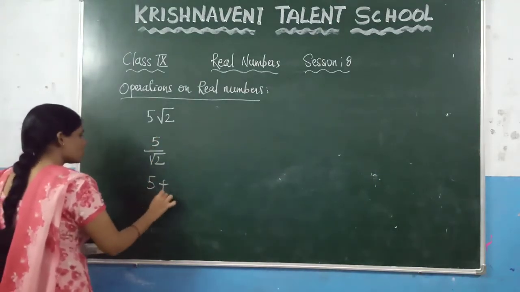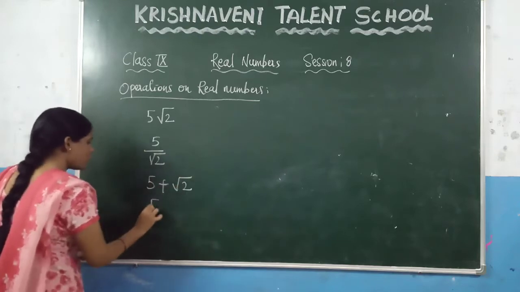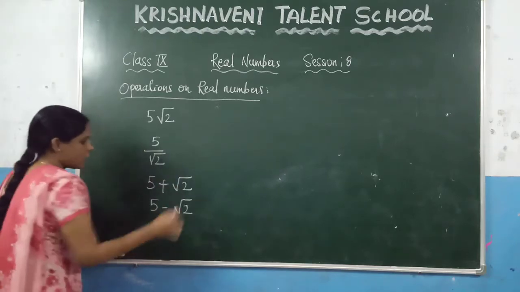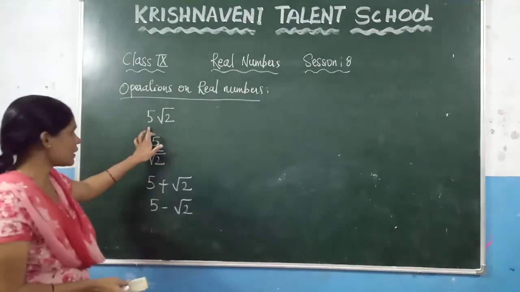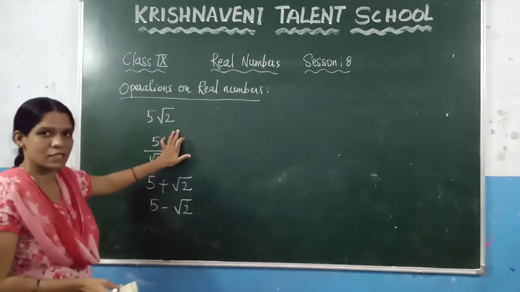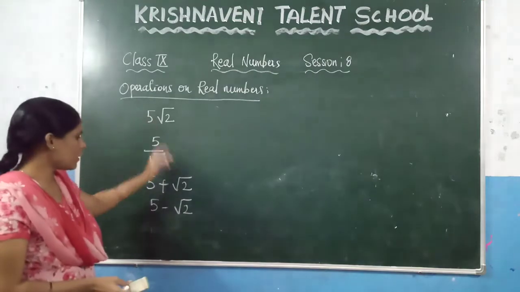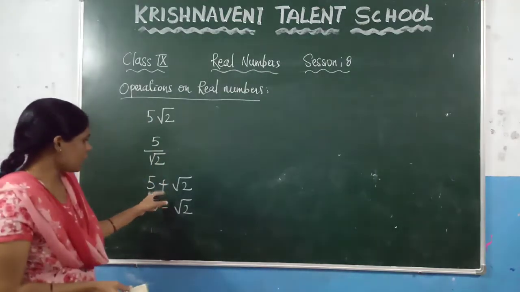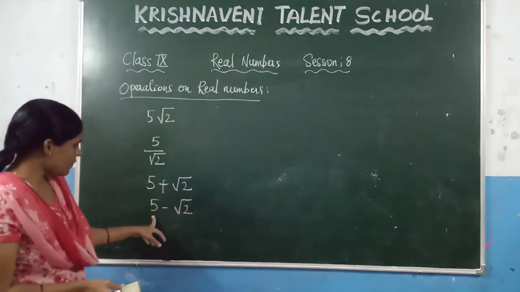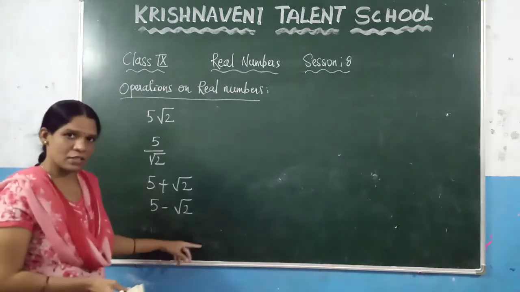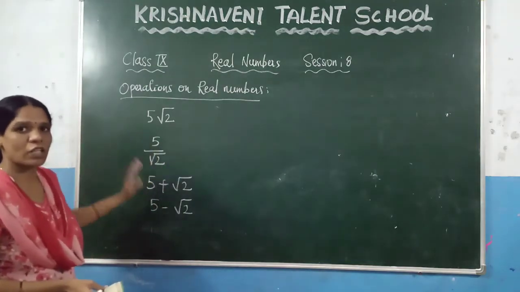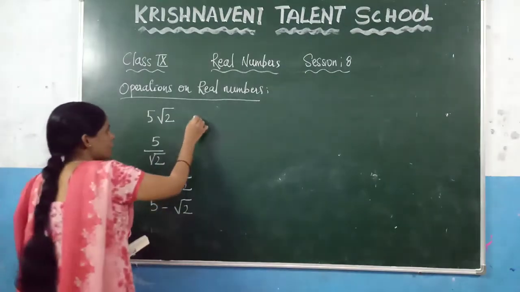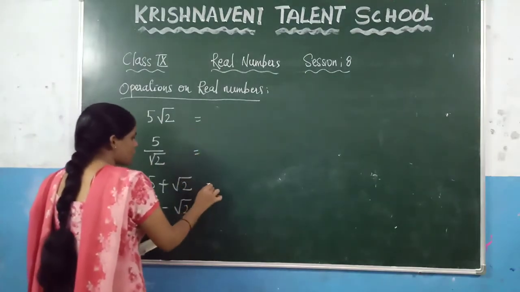Consider 5 plus root 2 and consider 5 minus root 2. Here we took two numbers, one is a rational number and the other is an irrational number. Here we are adding, here subtracting, here dividing and here multiplying.